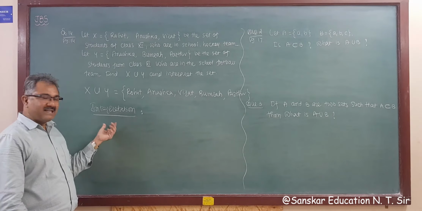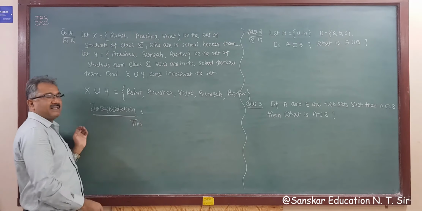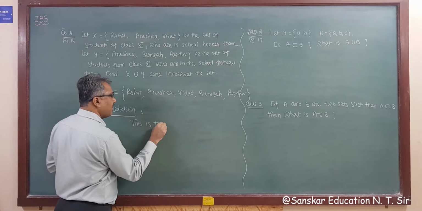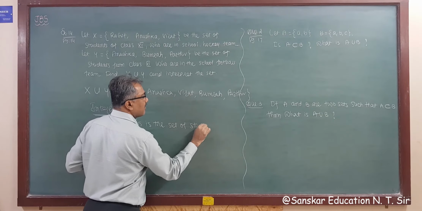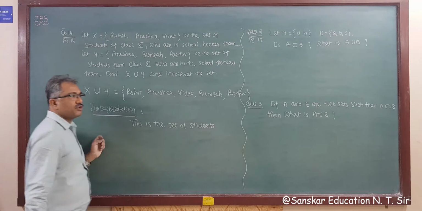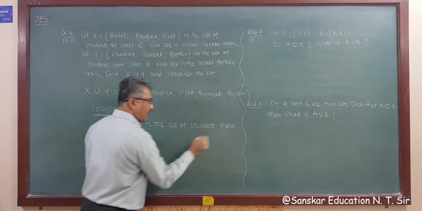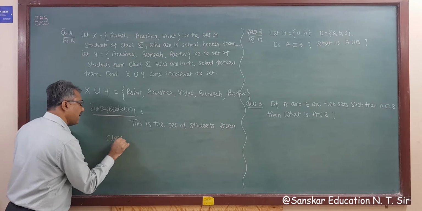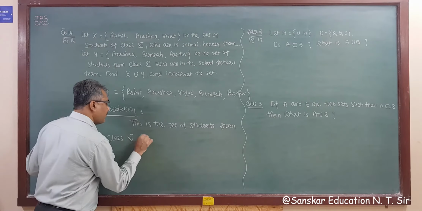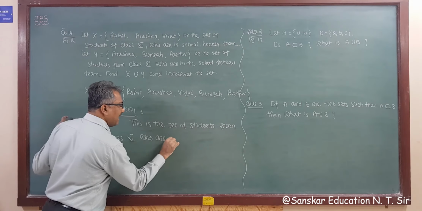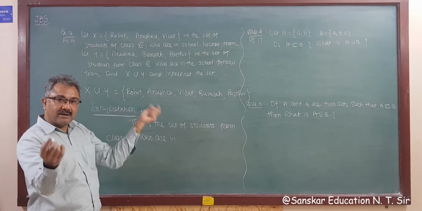So the interpretation of this set is, this is the set of students from class 11 who are in either the hockey team, or the football team, or both.